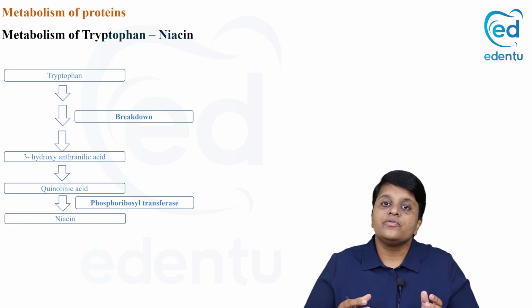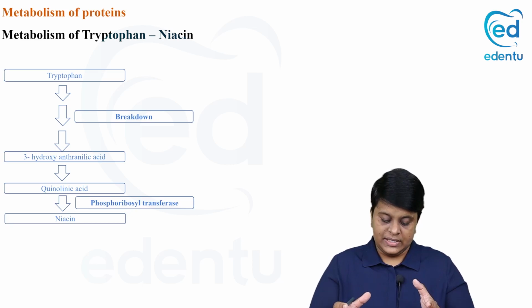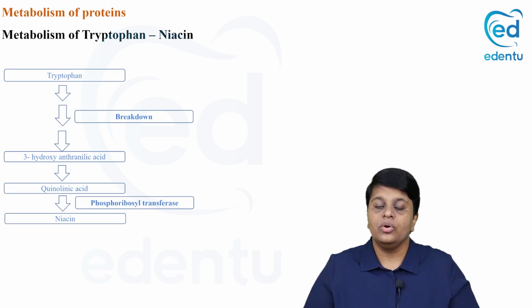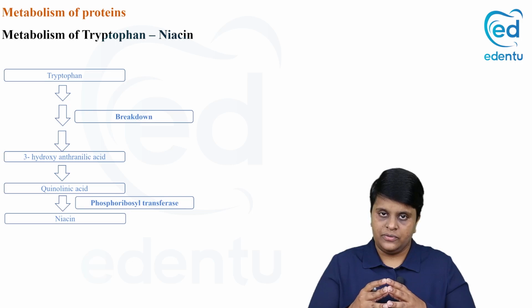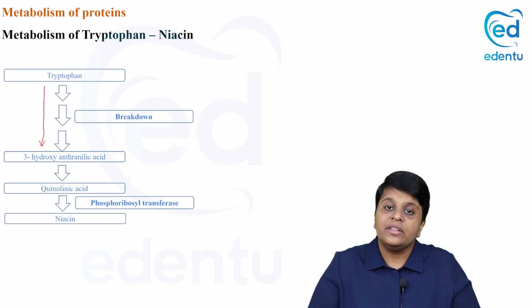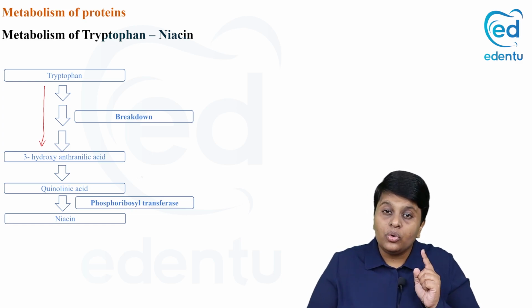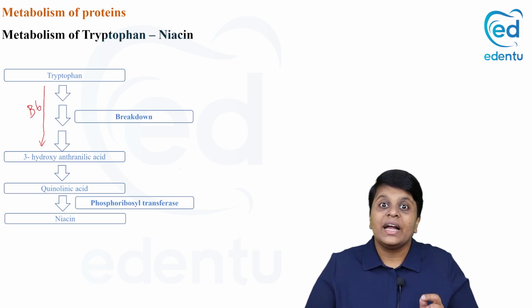Here it is a phosphoribosyl transferase. Okay, so quinolinic acid, and then you go for niacin. It requires the enzyme phosphoribosyl transferase. Here I wanted you to note one particular point. You remember the steps of tryptophan to 3-hydroxyanthranilic acid. I told you to note one particular vitamin which was required there, right? Yes, it is vitamin B6.